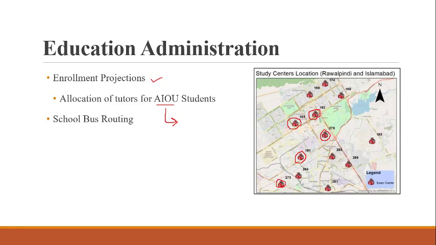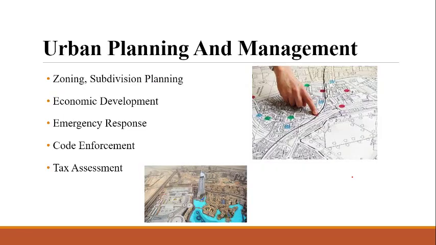So it can easily be watched with the help of GIS or a map. School busing: GIS can also be used for school bus routes. For example, there is a bus, so we can easily identify the route of a bus for a school purpose.